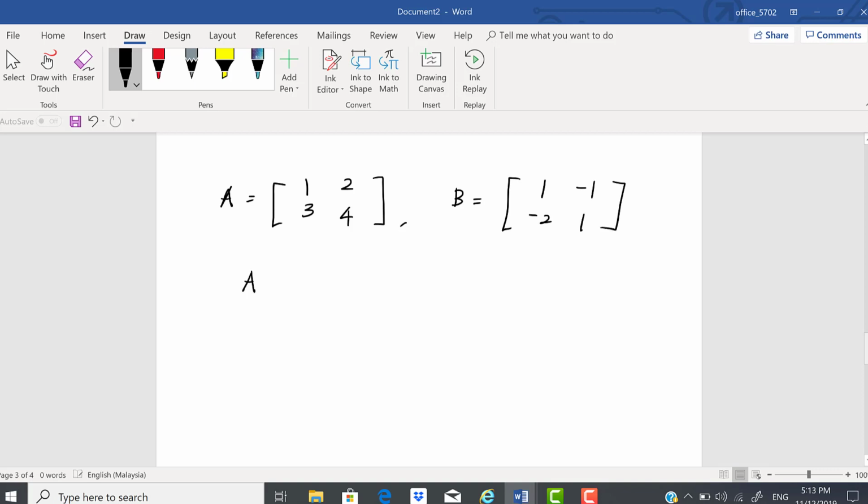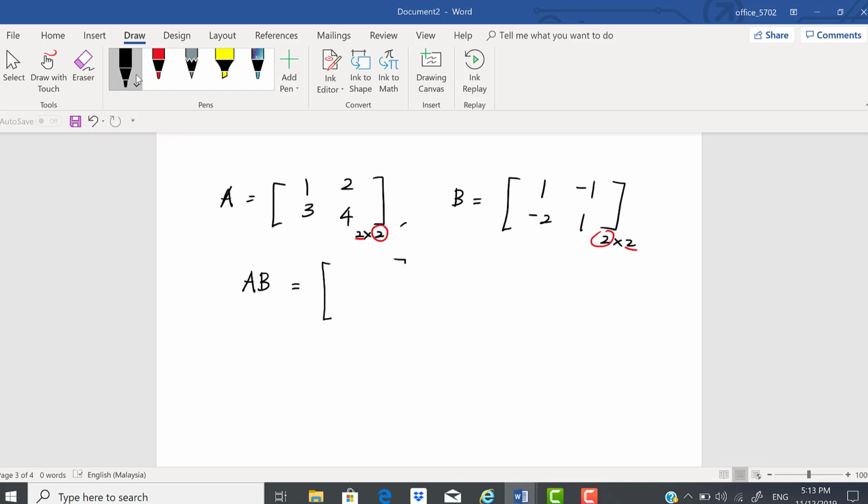So A times B, what do you get? This is a 2 by 2 matrix. This is a 2 by 2 matrix. So again, we have the same 2 times 2. So your final answer is 2 by 2.